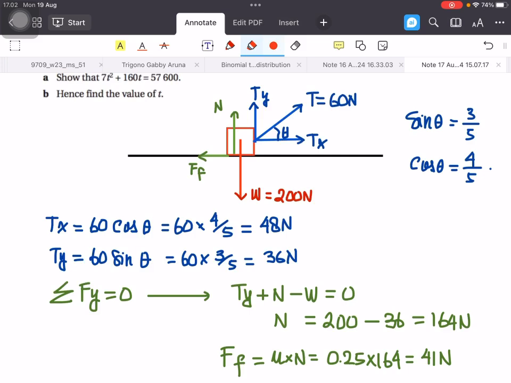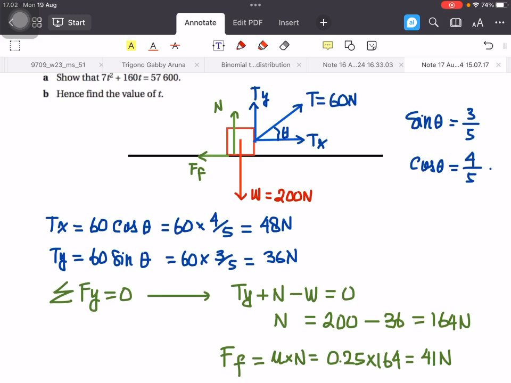The net force in y direction is equal to 0. According to this diagram, the equation will be Ty plus N minus W is equal to 0. So the normal contact force of the object on the surface is 164 Newton.